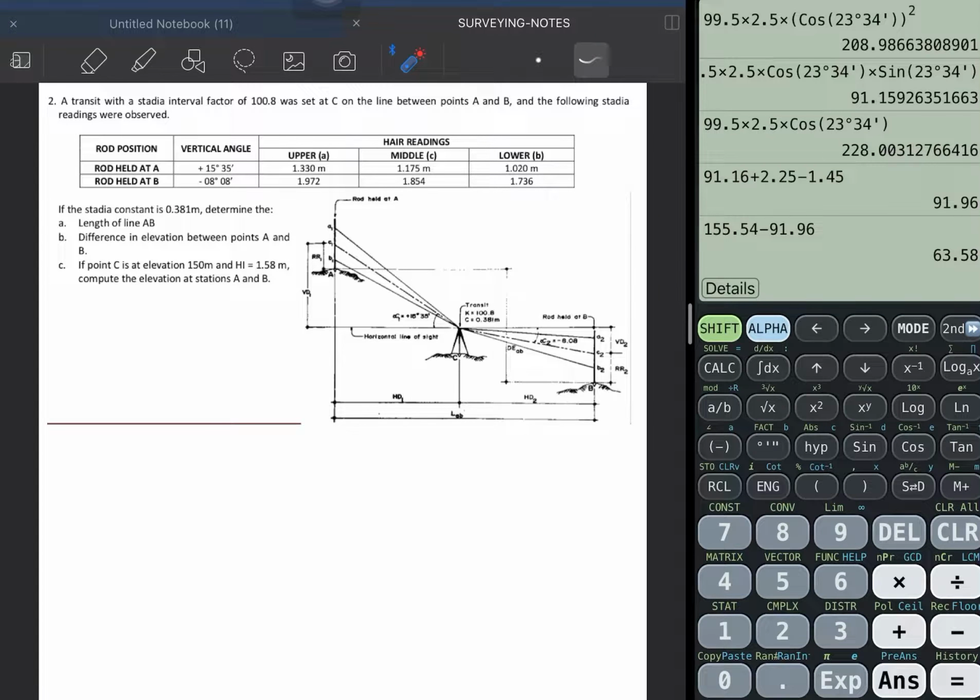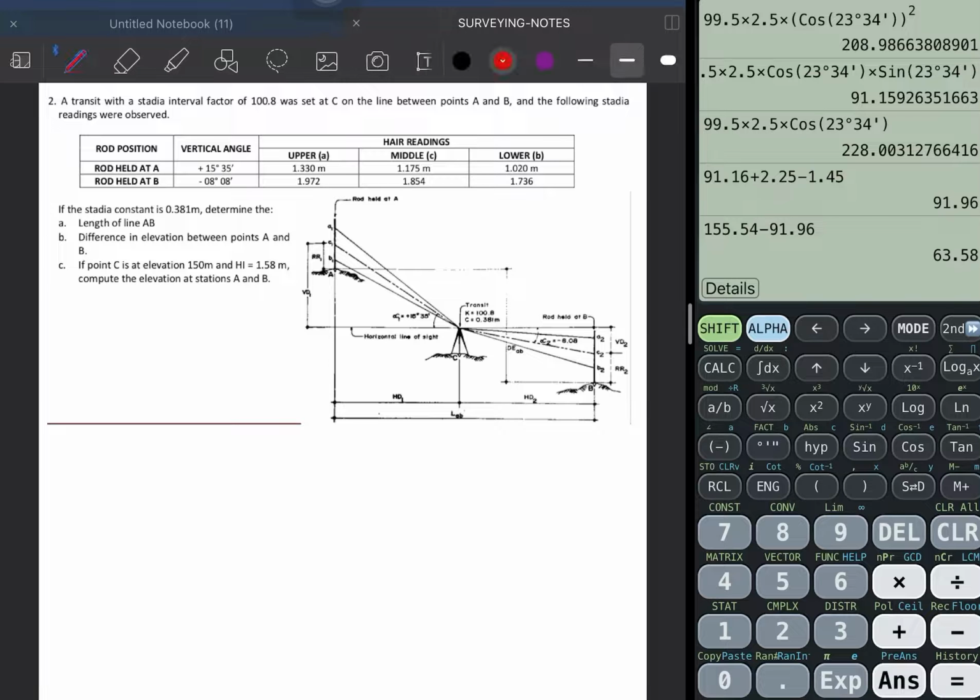So if the Stadia constant C is equivalent to 0.381, determine the following. Letter A, the length of the line AB, then the difference in elevation between point A and point B, and if point C is at elevation 150 and the height of instrument is 1.58, compute the elevations at station A and B. Okay?